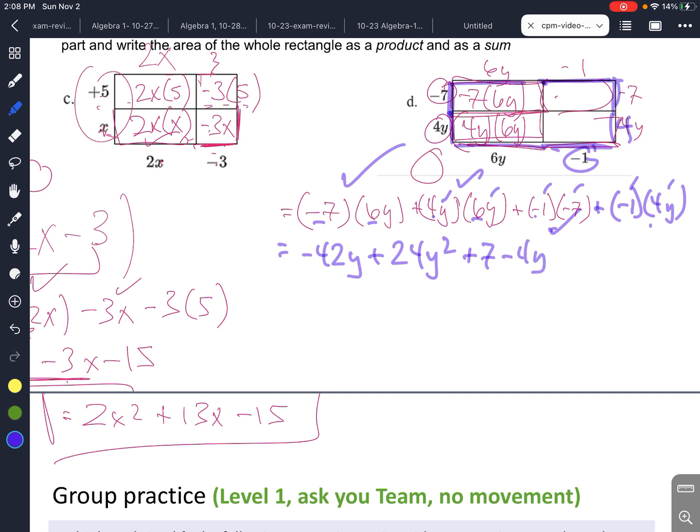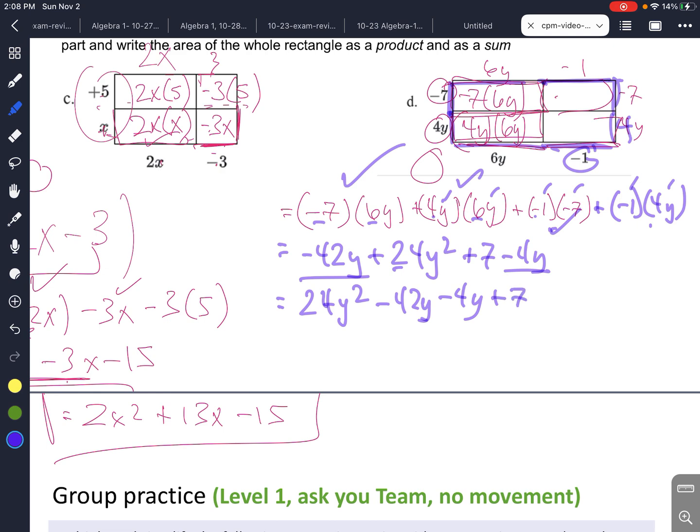So now, we just write these in order. So we're going to put the y squared first. 24y squared. Now, I have a -42y and a -4y, right?